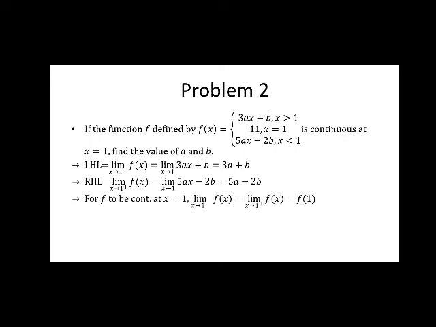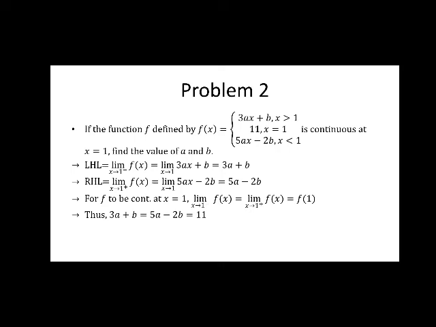So we can write this: the left hand limit equals the right hand limit, which equals the functional value. So from here I can say 3a plus b is equal to 5a minus 2b, which is equal to 11.